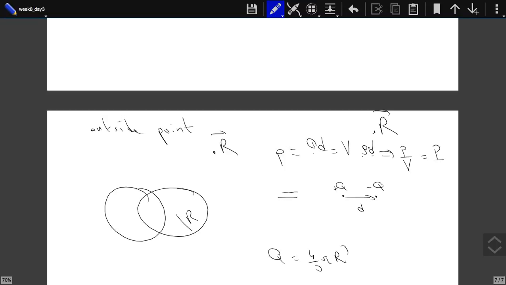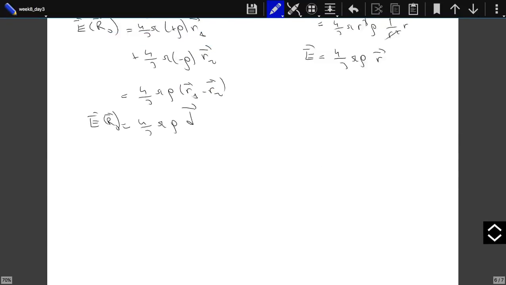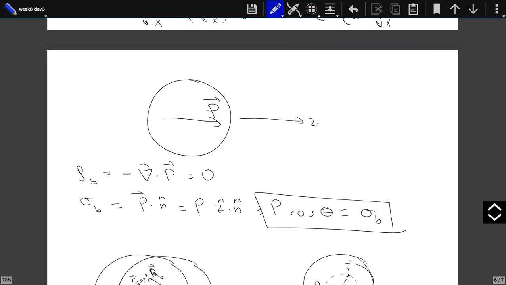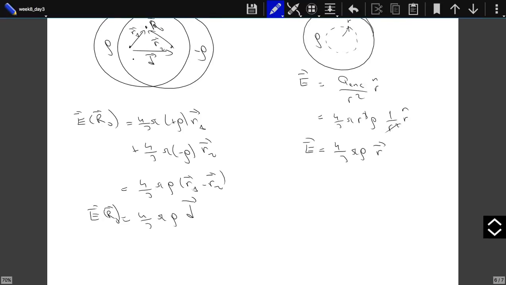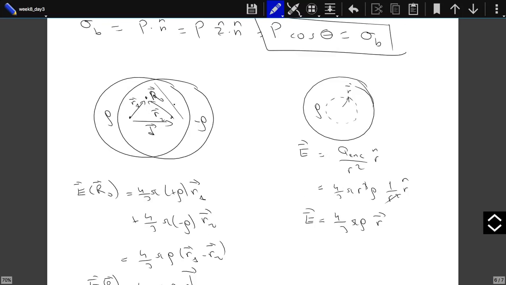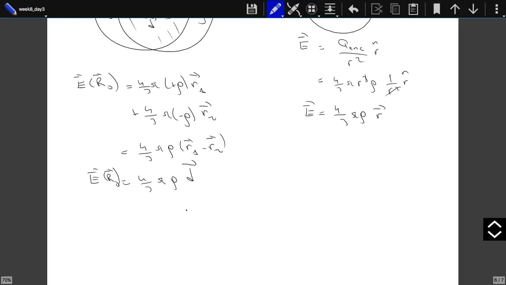So for this uniformly polarized sphere, inside, the electric field is uniform. Well, that is what we obtained over here. Inside, in this overlapping region, the electric field just depends on the separation of these 2 points. And if we take the limit, this is the electric field inside a uniformly polarized sphere.